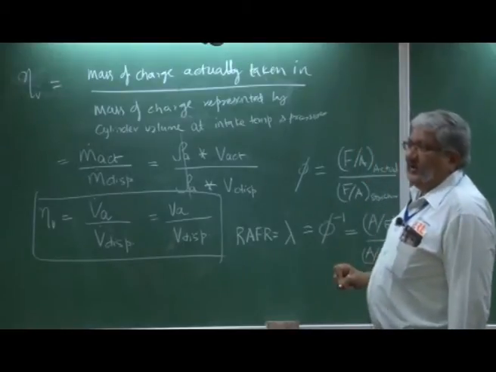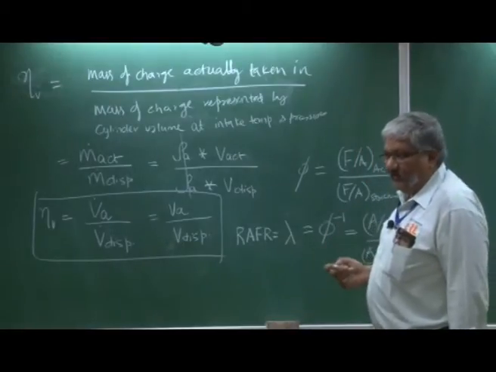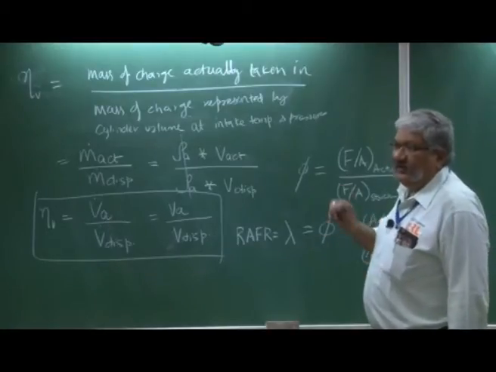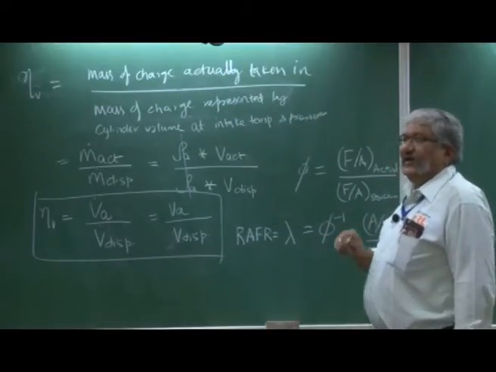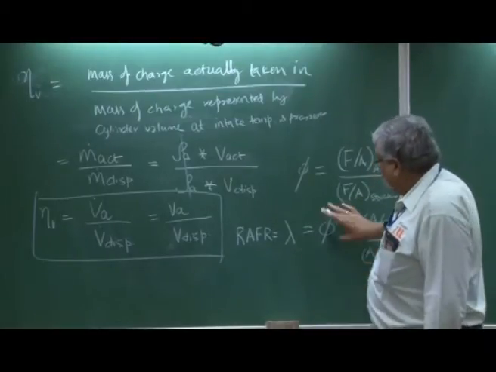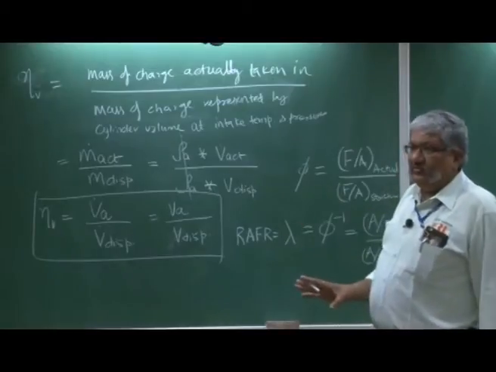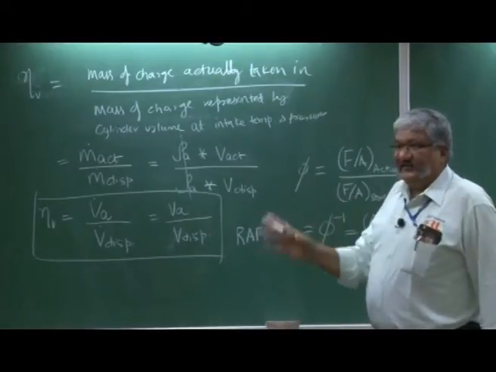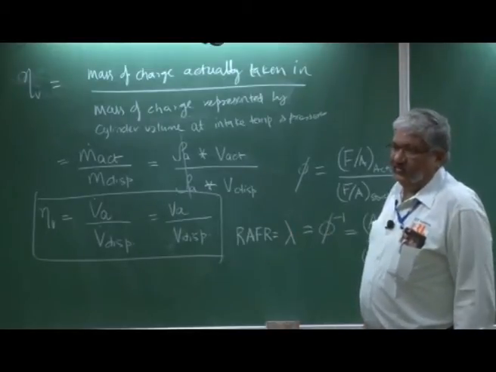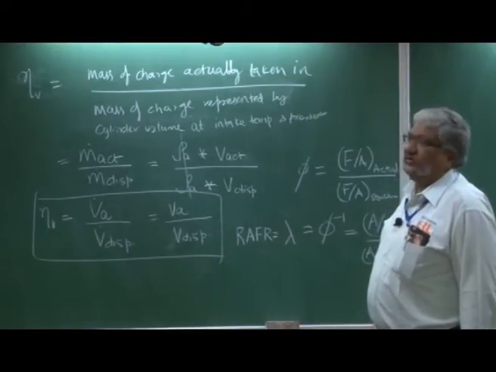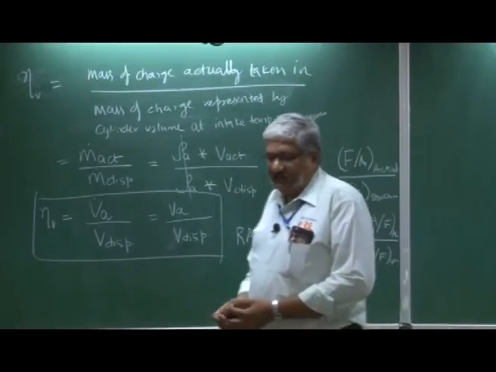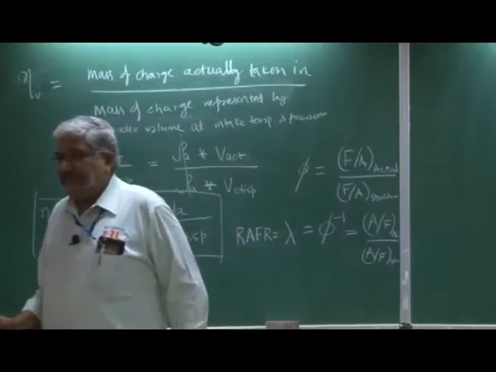That means if lambda is 1, it is a stoichiometric mixture. If lambda is more than 1, then it is a lean mixture, and if lambda is less than 1, that means you are dealing with a rich mixture. Both of these parameters are very frequently used for research purposes. In fact, lambda is used more than equivalence ratio. Relative air fuel ratio is used more compared to equivalence ratio. Okay. So, this is also an extremely important parameter.